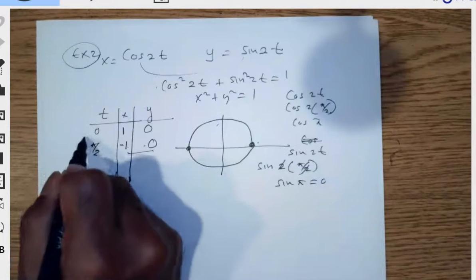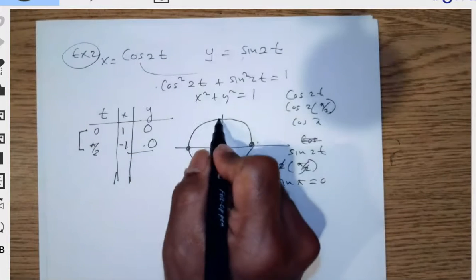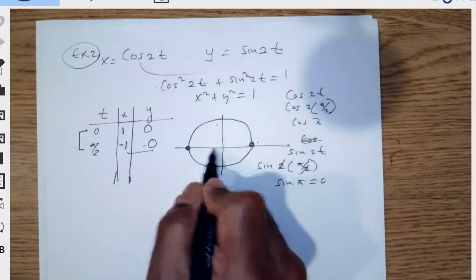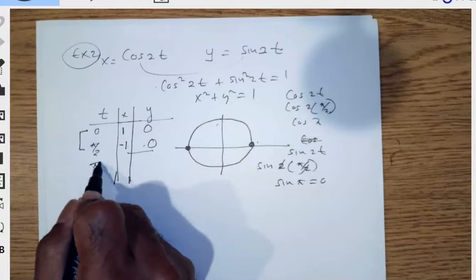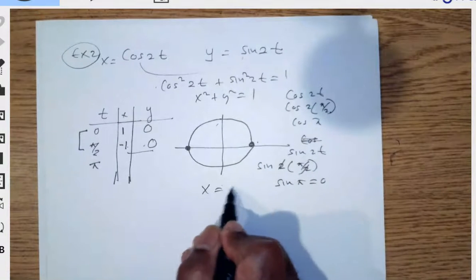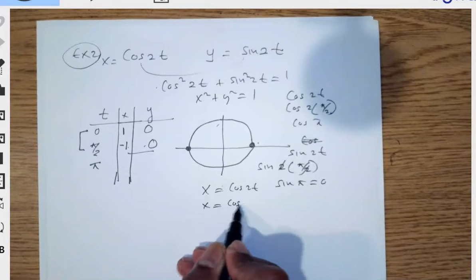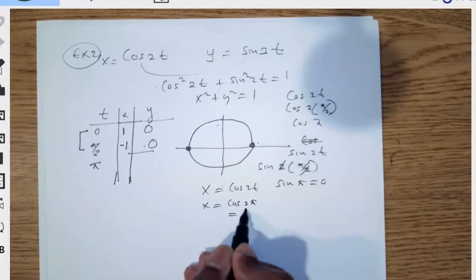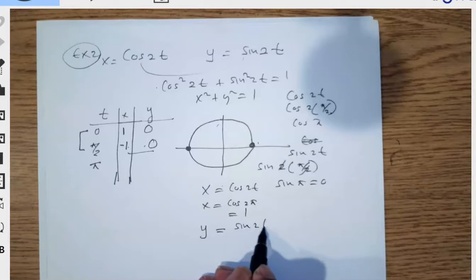So when t goes from 0 to pi over 2, it has actually crossed half the circle. And then you can see that when it goes to pi, see what happens. x is equal to cosine 2t, so cosine 2 times pi, which is 1, and y is equal to sine 2t, which is equal to sine 2 times pi, which is 0.